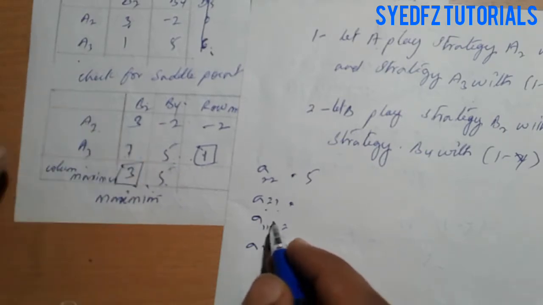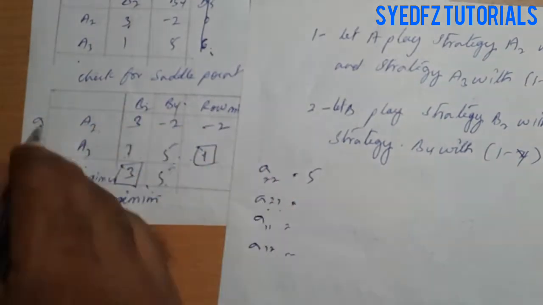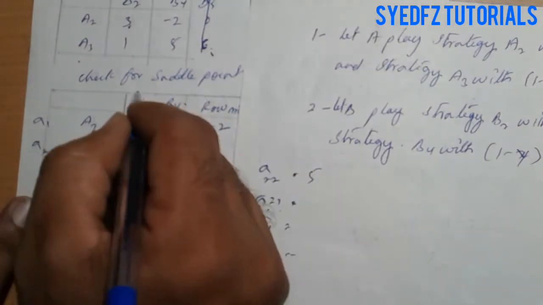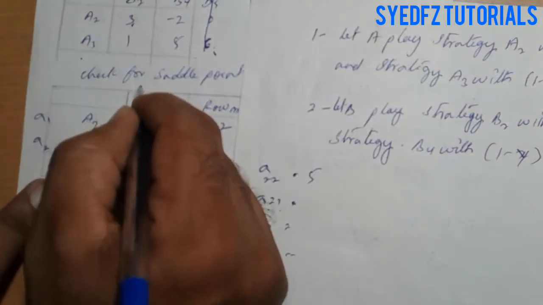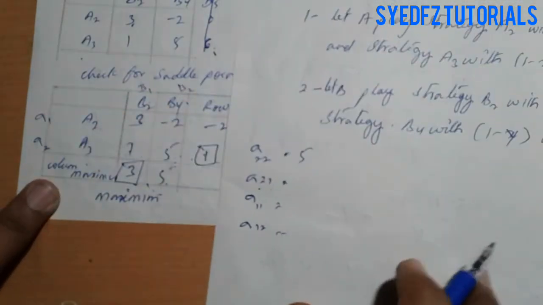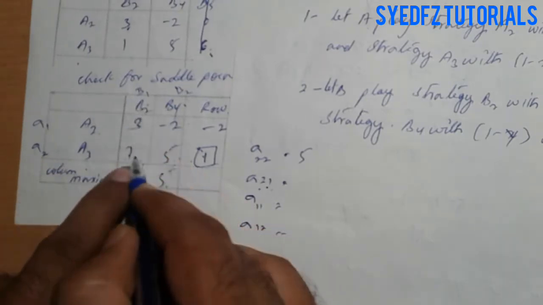Okay, for example I am putting here A1, this is A2, and this is B1, B2. So A2 B1 means this is A2 and this is B1, means here 1.